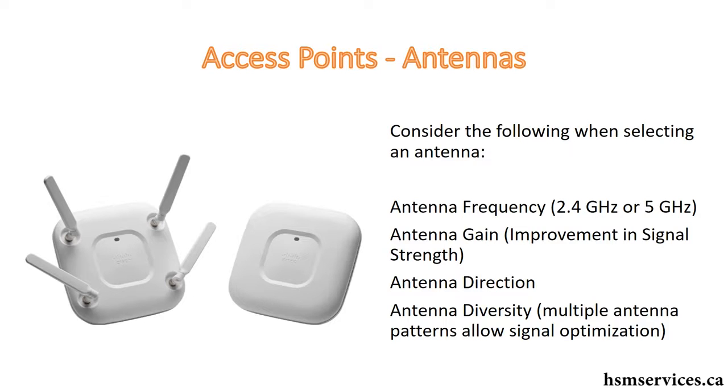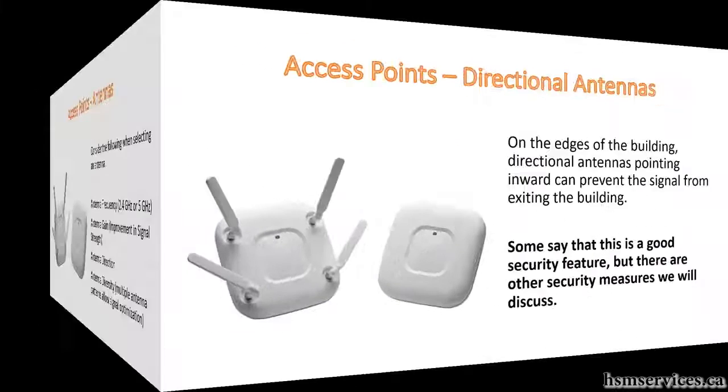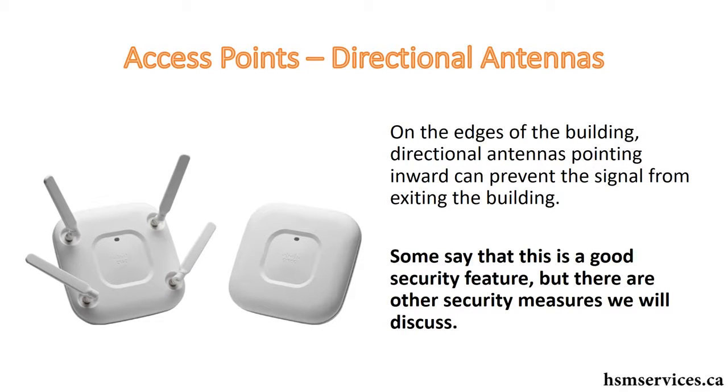And then, of course, diversity says that you can have different antenna patterns, and that can give you the ability to optimize your signal. And so, if we start by looking at directional antennas, that means basically a directional antenna is pointing a signal at a specific area.